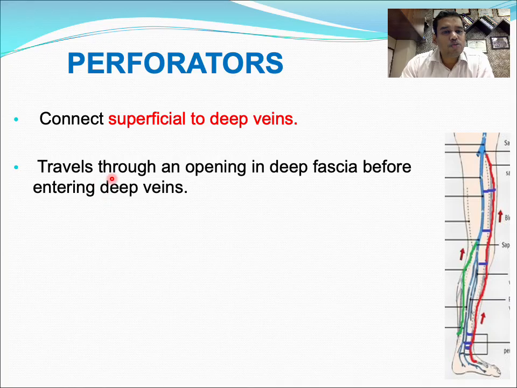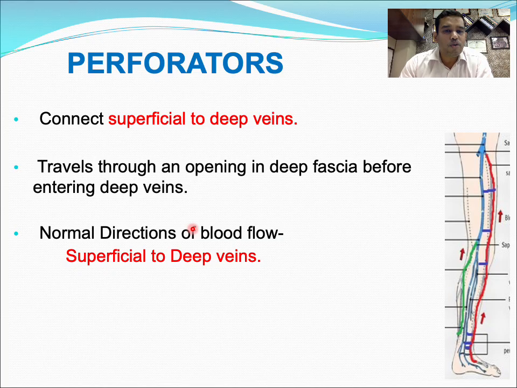They traverse through openings in the deep fascia and enter the deep veins. The direction of flow in the normal condition is always from the superficial to the deep. That is, this is the superficial venous system, this is the deep venous system, and these are the perforators.